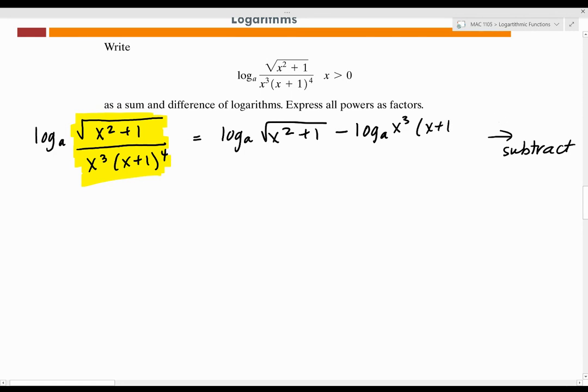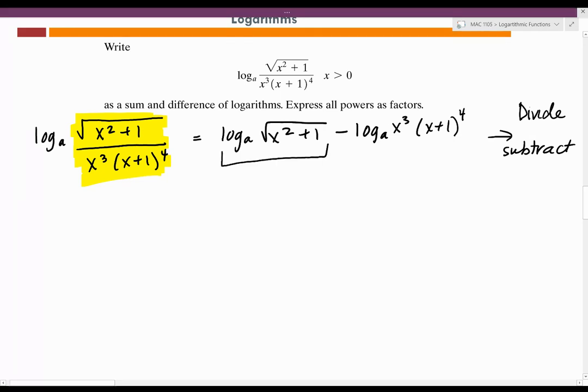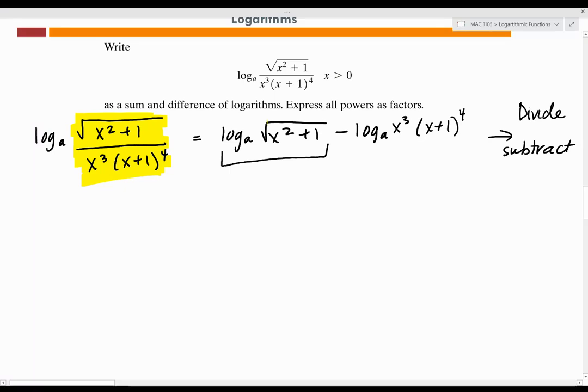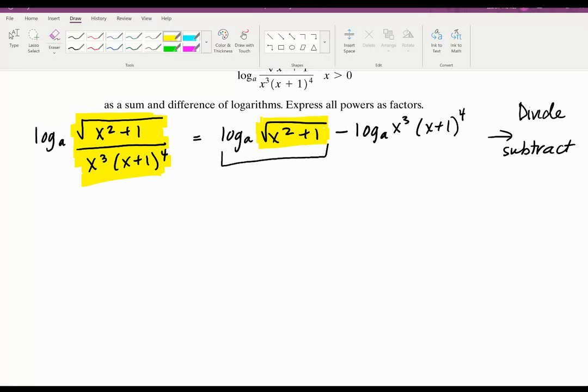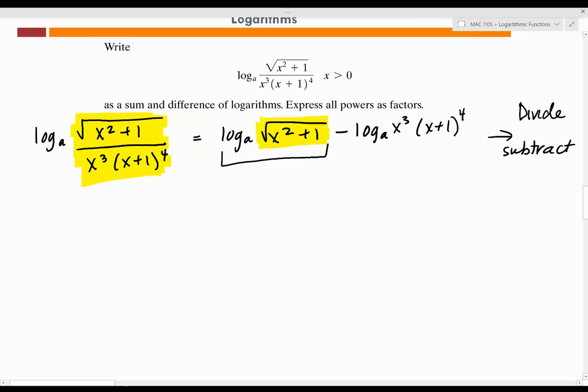Let's move this over to the 4th power. Now remember, I like to fix each expression one by one so I don't get confused. In the argument of that first expression, I'm looking for any multiplication, any division, or any powers. I don't see any multiplication or division, and I don't see any powers, but what I do see is that square root. Square roots cannot remain in the argument of a log. So the square root of x squared plus 1 can be converted to (x squared plus 1) to the 1/2 power by using a rational exponent.